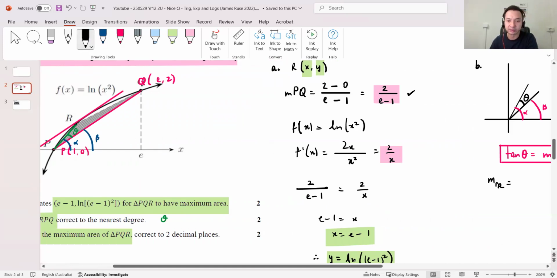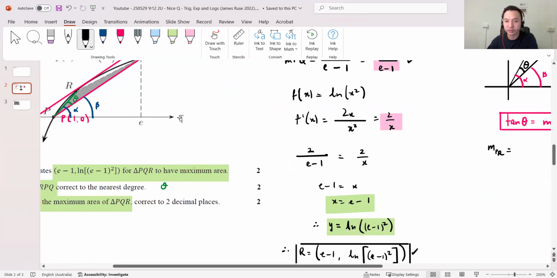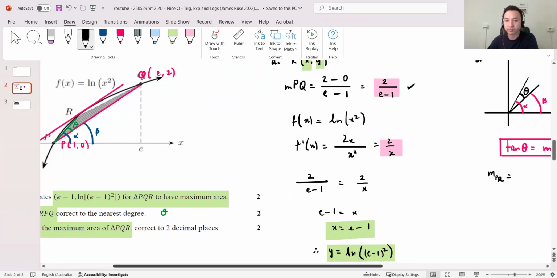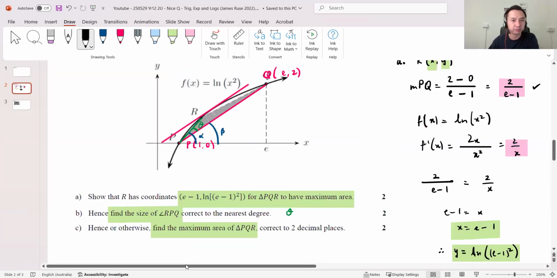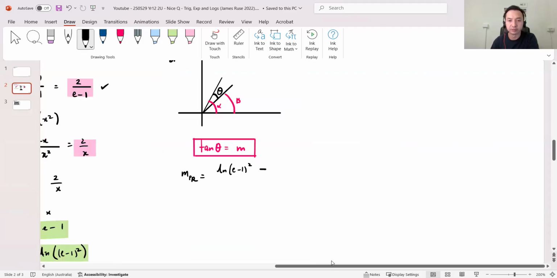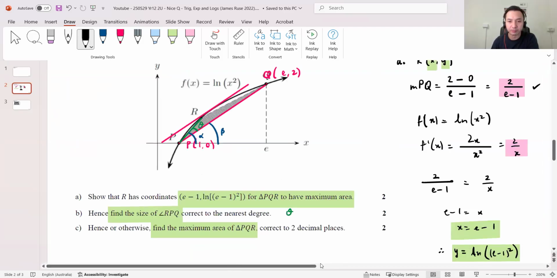R I just found, so it's y2, which is ln of (e minus 1) squared, minus y1, which is 0, over x2, which is e minus 1, minus 1.